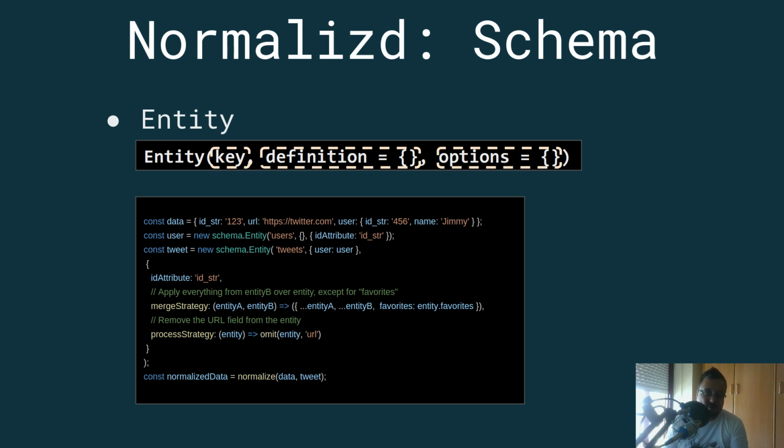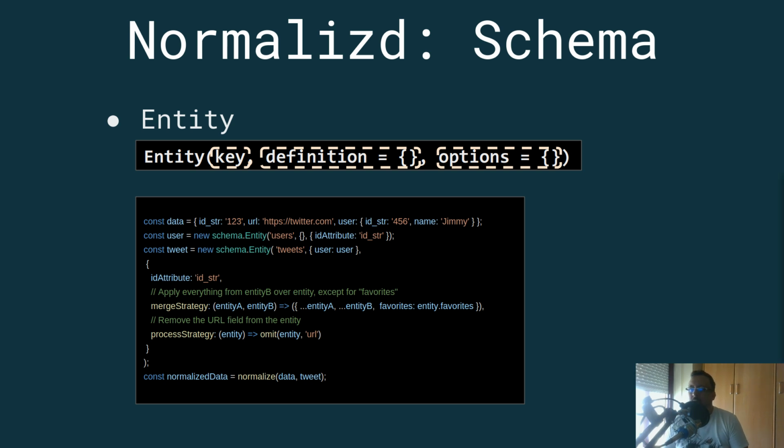I think that should be entity A. And for the process strategy, this is like things we want to do after, and we want to remove the URL field from the entity. So now we do the omit and we remove that URL. We don't want it in our normalized data. So that's the entity.